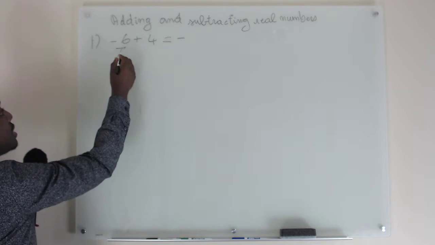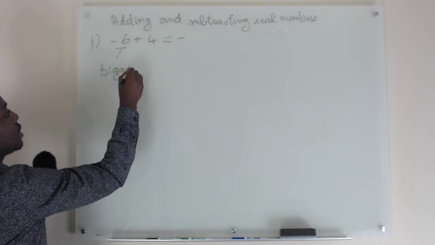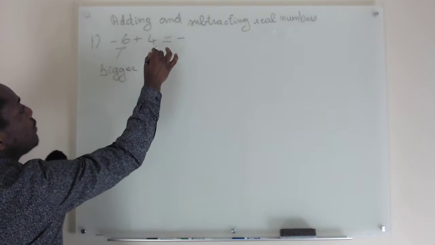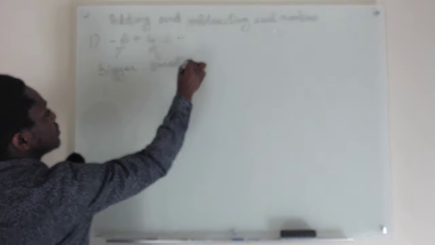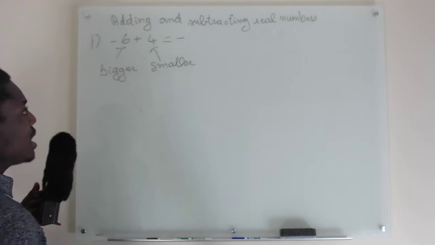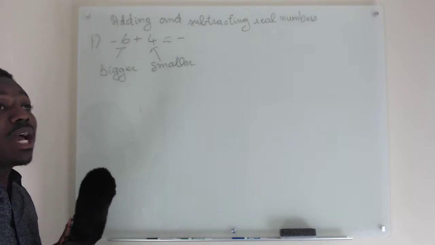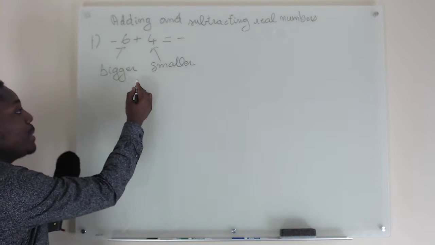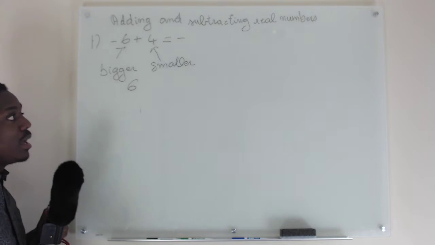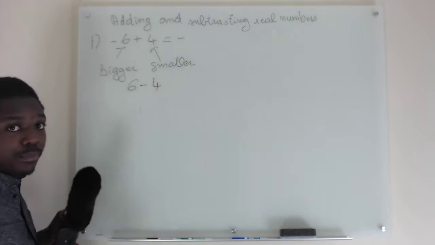So let's call 6 bigger and let's call 4 smaller. As soon as you put the sign of the bigger number here, what you have to do is take the big number and put minus the small number.